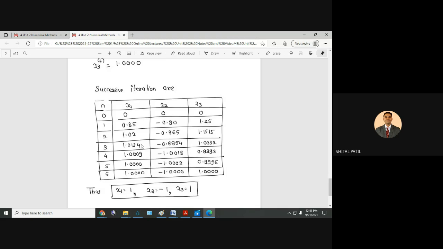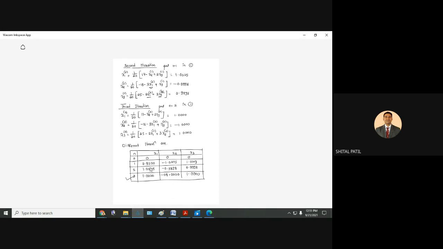Convergence is a little bit slow. You can see the difference. For x1, you can see the decimal numbers, 0.02, 0.0134, 0.009, 0.000. Whereas here we got the answer in 3 steps only. Therefore, it is suggested to use the Gauss-Seidel method.